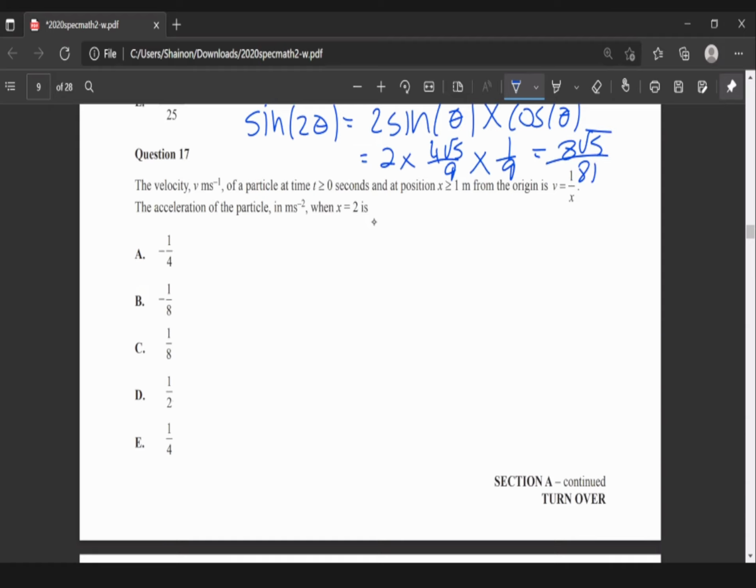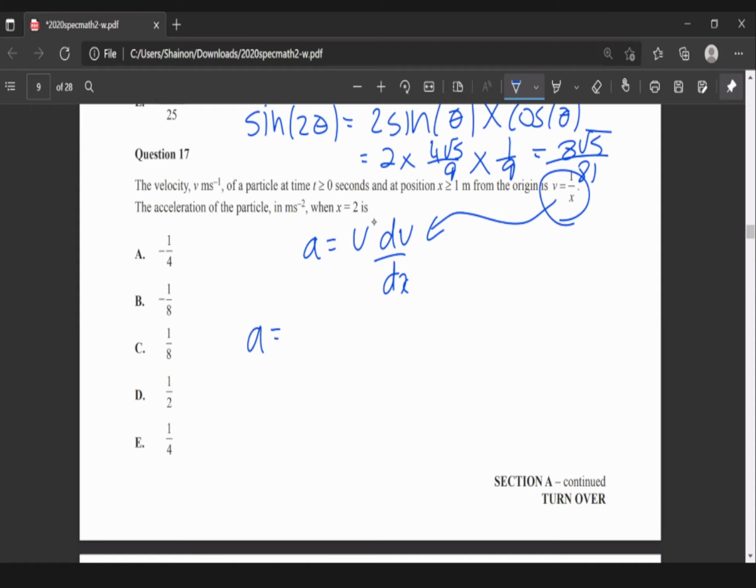17. The acceleration when x equals 2. So v is equal to dx over dt. I'm trying to find the acceleration. a equals v dv/dx. We know v, so we can just sub this in.